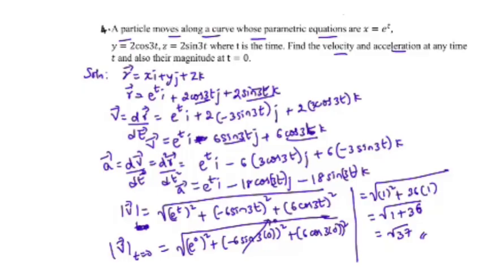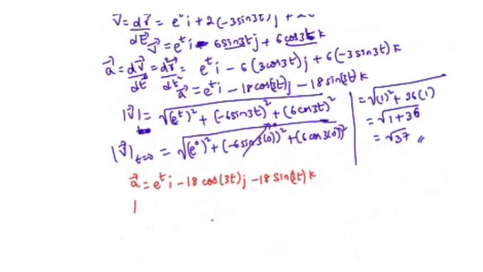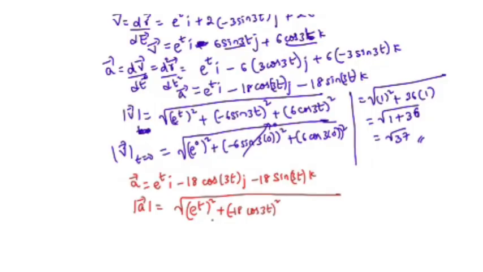Then we have to find the acceleration. We need to find the magnitude of acceleration, that will be the root of (e^t) whole square plus (minus 18 cos 3t) whole square plus (minus 18 sin 3t) whole square.